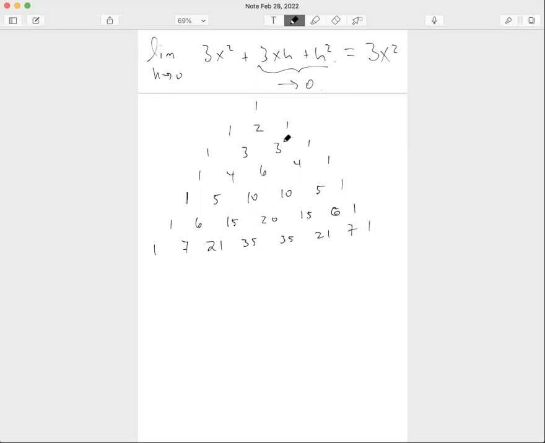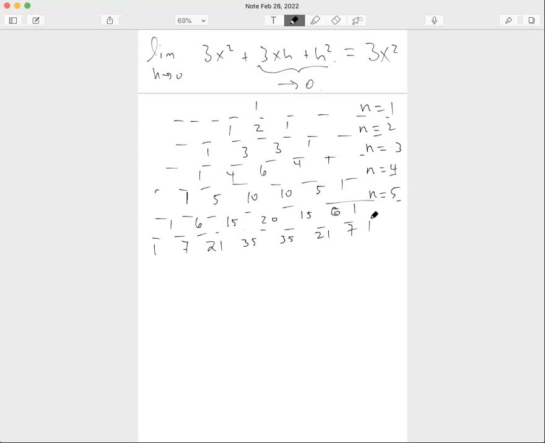So I'm going to label this as n equals 1, n equals 2, n equals 3. This will go on forever, right? But the idea is maybe you can find a good pattern, what's true about all of these.